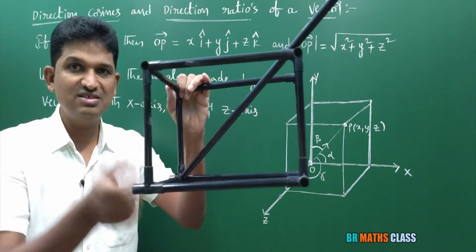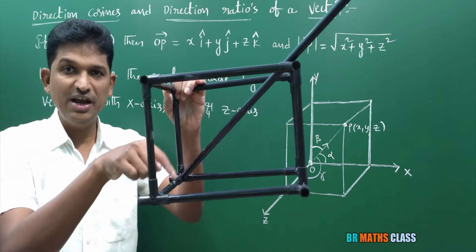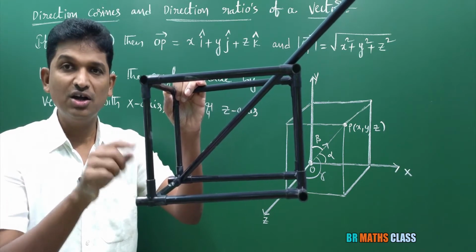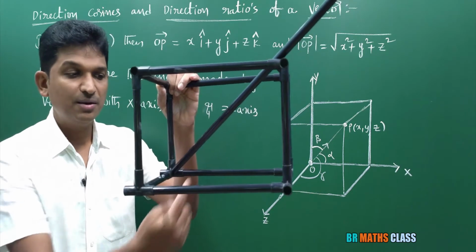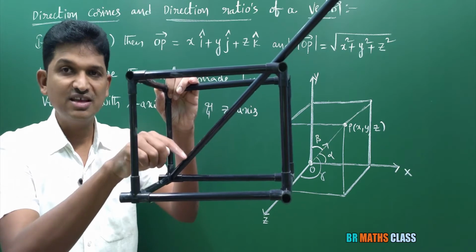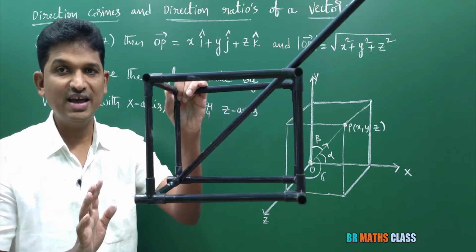Now you observe this is the z-axis. This is the angle made by OP bar with the z-axis. I have taken this angle as gamma. What did I consider? OP bar makes an angle alpha with the x-axis, an angle beta with the y-axis, and an angle gamma with the z-axis.